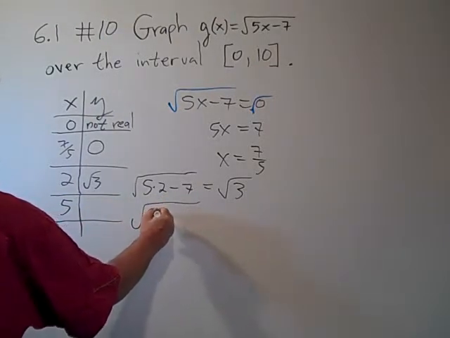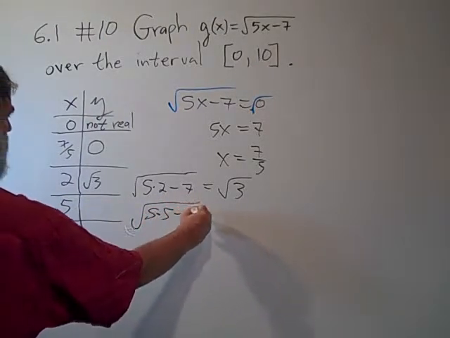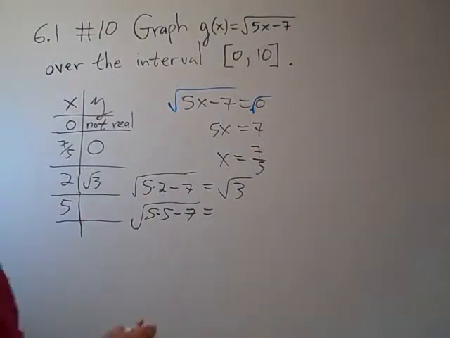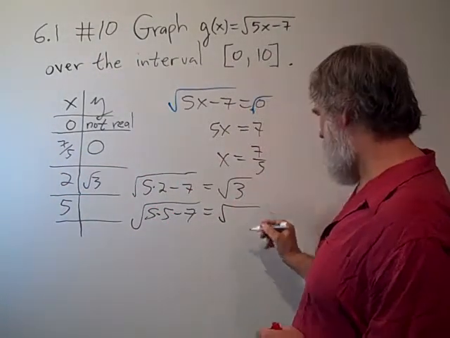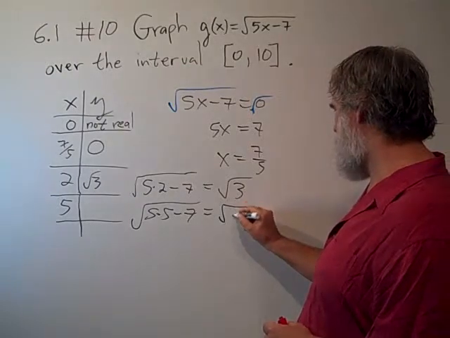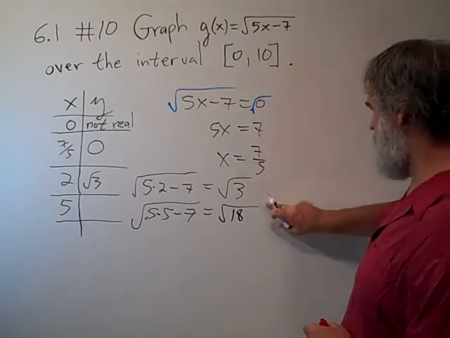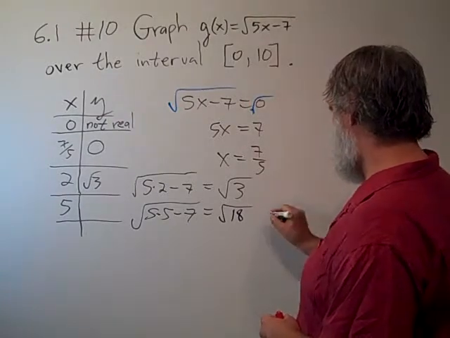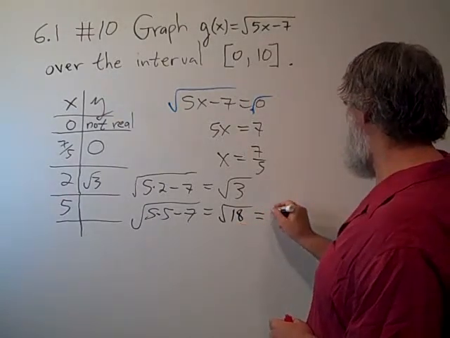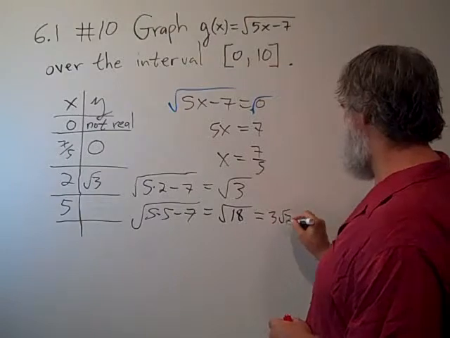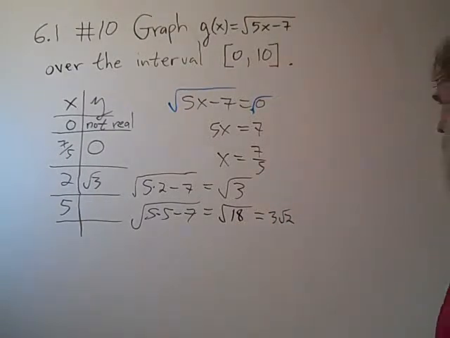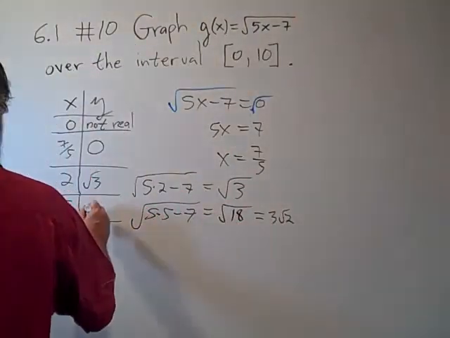Then we have the square root of 5 times 5 minus 7, which is 25 minus 7. 25 minus 7 is the square root of 18. And that's 9 times 2, so the square root of 9 is 3 radical 2. But this form is fine for us. Let's just say it's the square root of 18.